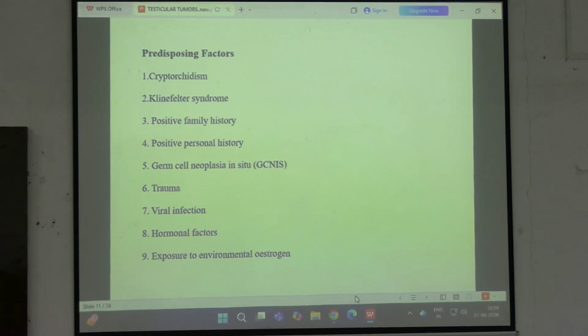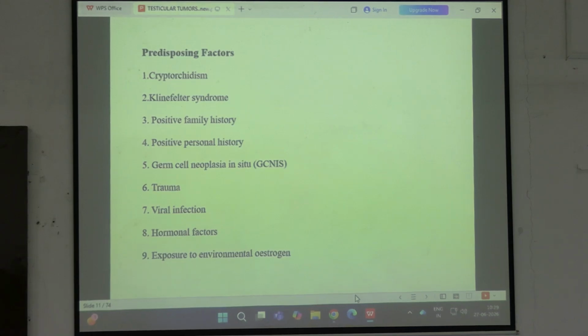What is positive personal history? If an individual has already had a previous testicular tumor, developing another primary tumor, not recurrence, not relapse, another primary tumor, is higher in such an individual.